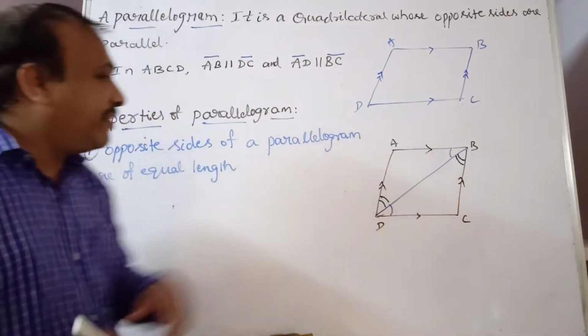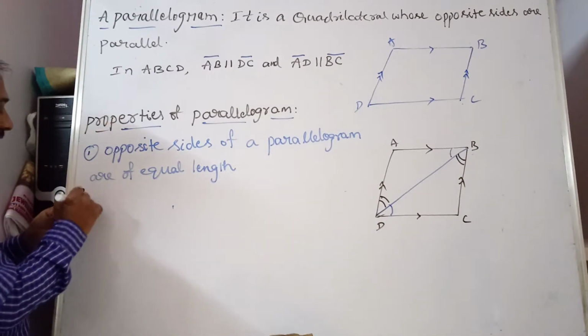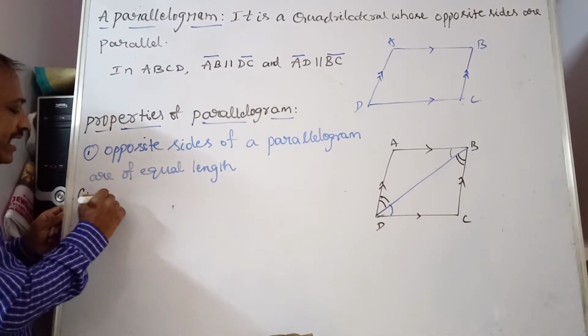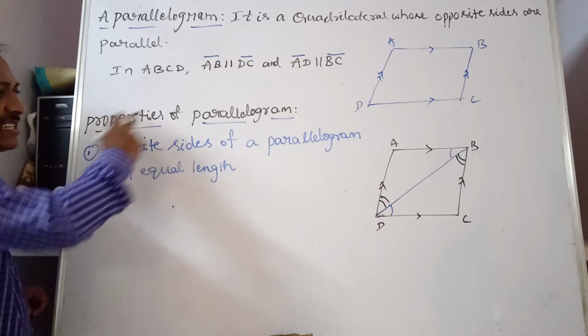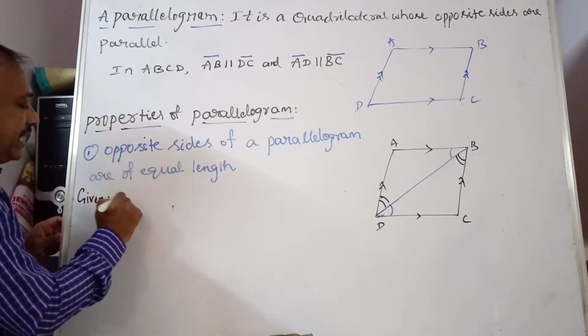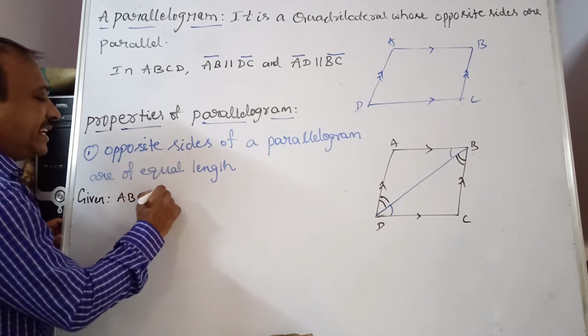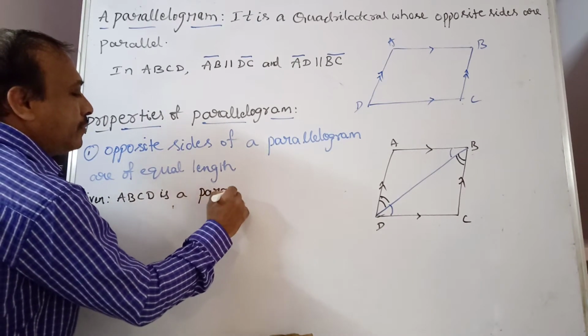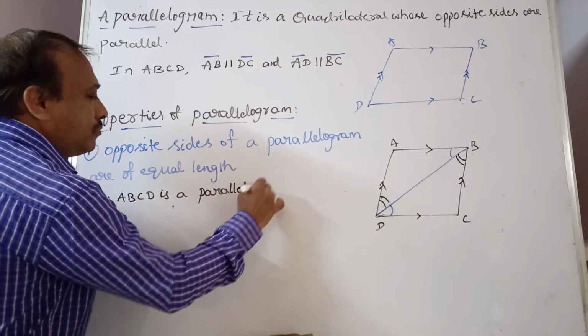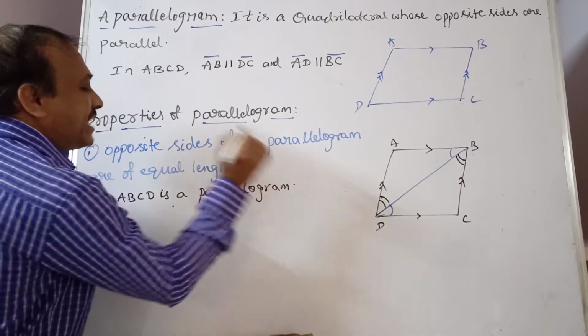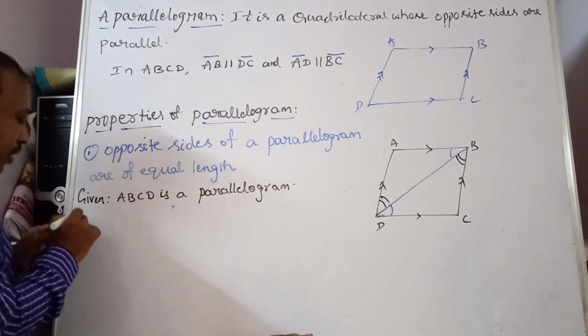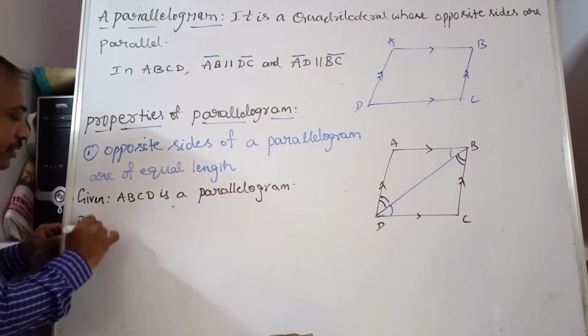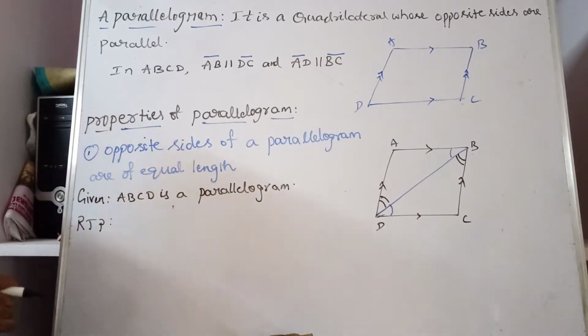Now you see the given figure. What is given? We are proving it like a statement. Given: ABCD is a parallelogram. Now what do we have to prove? RTP, required to prove, not Rural Technology Park.